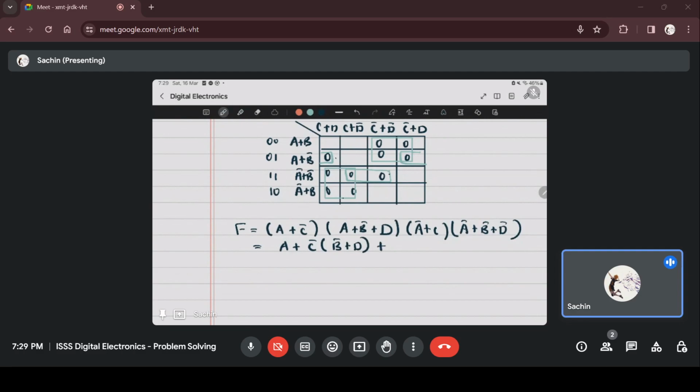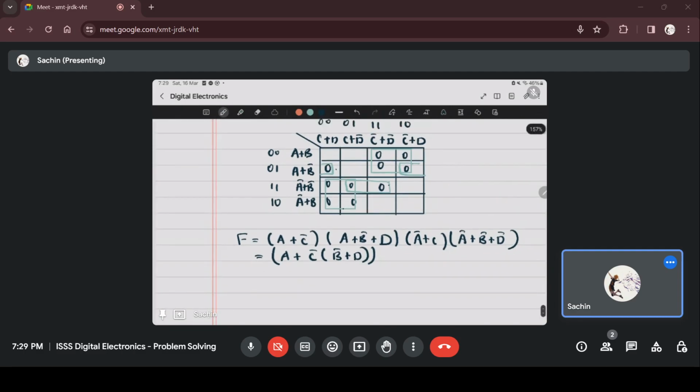And the other thing can be written as a bar plus c into b bar plus d bar.